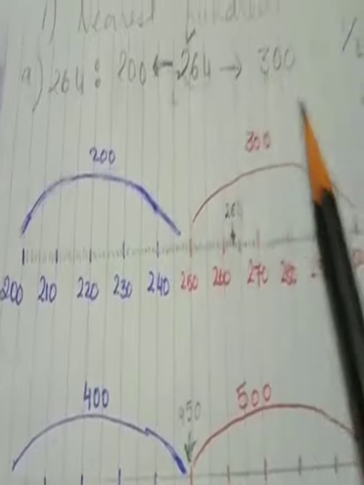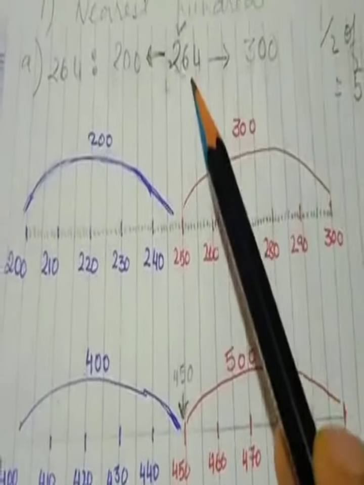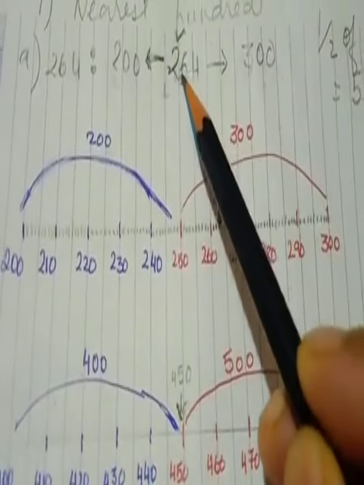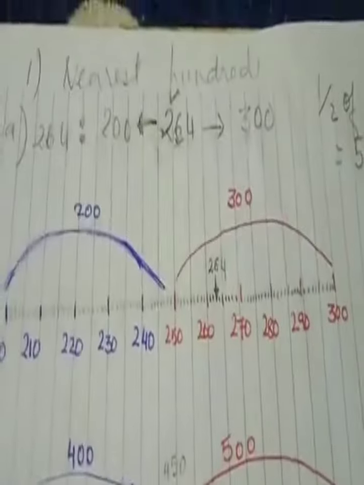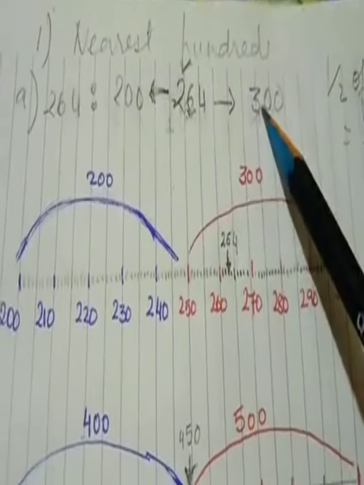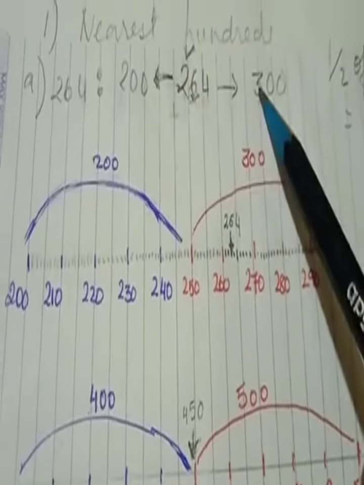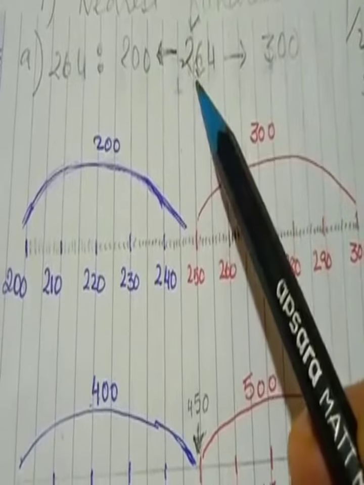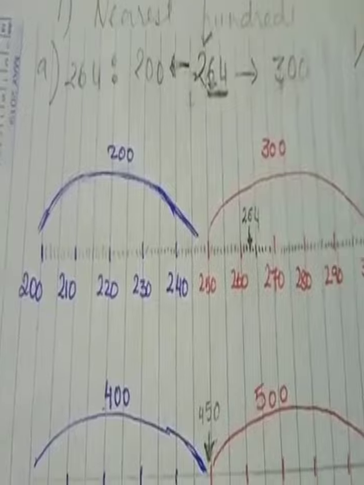What will decide? Now we know that half of 100 is 50, that is 5 tens. So if the tens place is 5 or more than 5, then it will certainly be rounded up into 300s, the next hundreds. So when we have to round to the hundreds place, we have to see the numbers in the tens and the ones place, mainly the tens place.